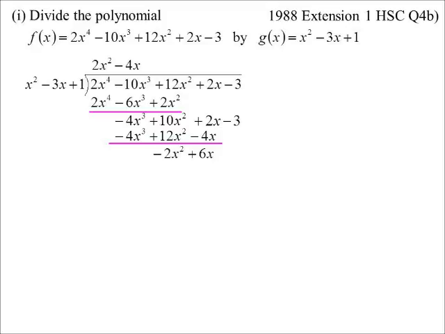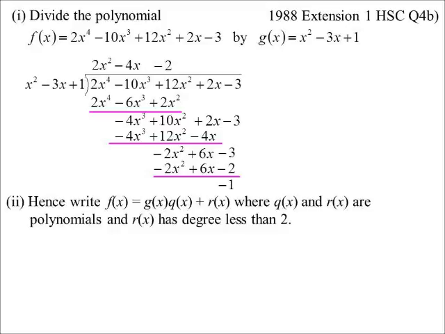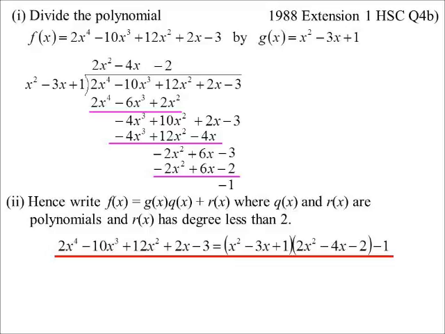Now, we can keep going, so bring down the minus 3 there. x squared into minus 2x squared, minus 2. Multiply out, subtract, and that's where we stop. Hence, which is the logical thing to do, I guess. So there we go. We know it's our quotient times our divisor plus our remainder.